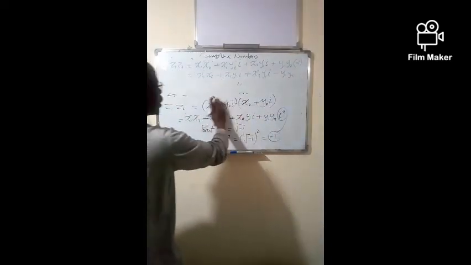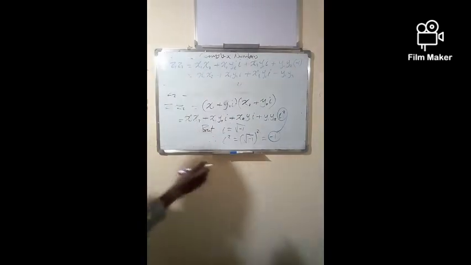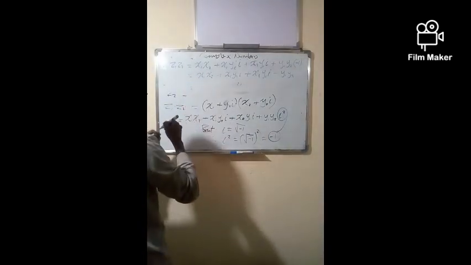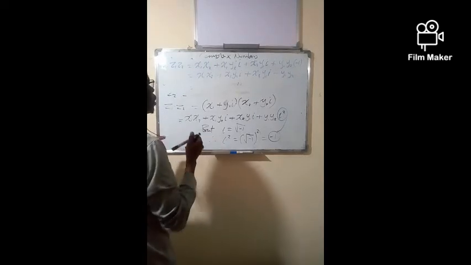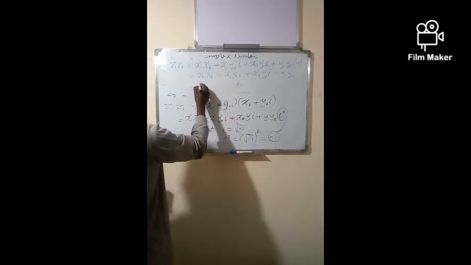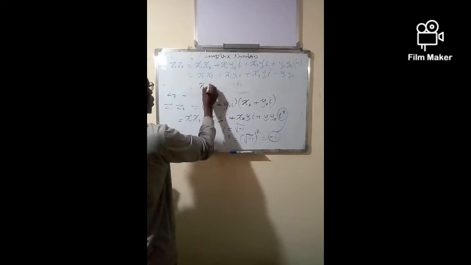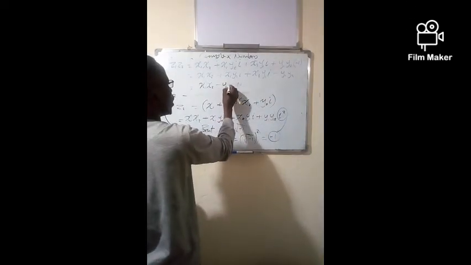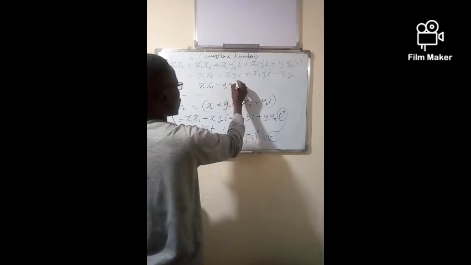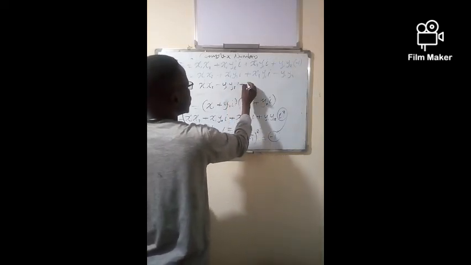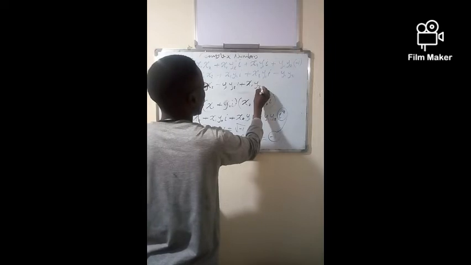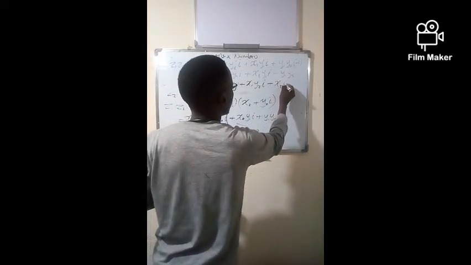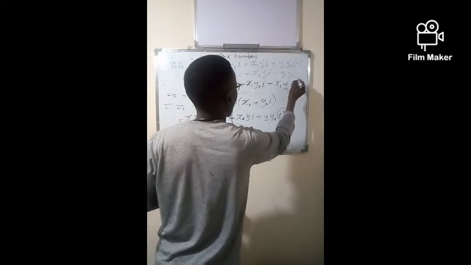So then we can collect the real parts together and the imaginary parts together. So we're going to have x1x2 minus y1y2, then plus x1y2I plus x2y1I.